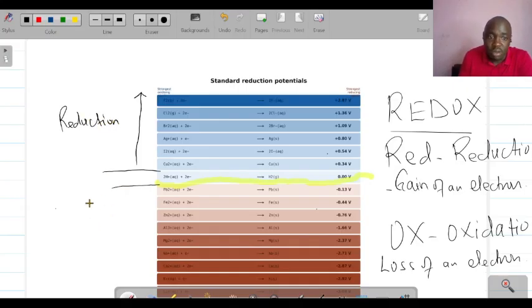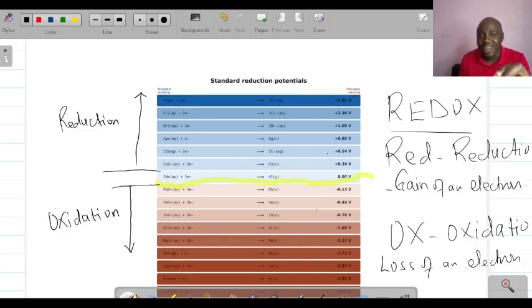And those that are below hydrogen, or rather those that are negative, have the greatest tendency to undergo oxidation. So as a student, once you are able to interpret these values, it becomes very easy for you to solve any given question under this concept.